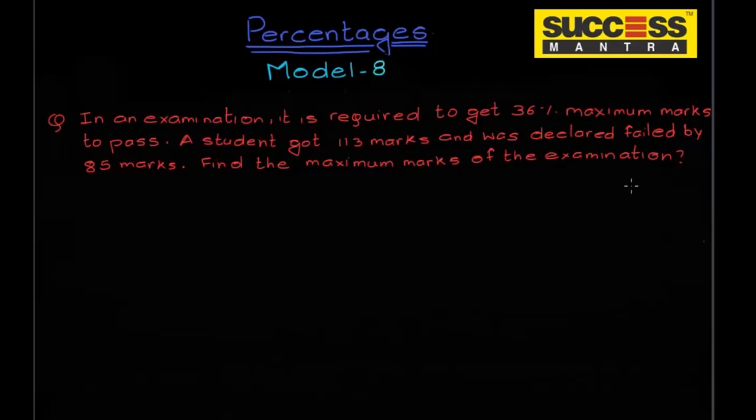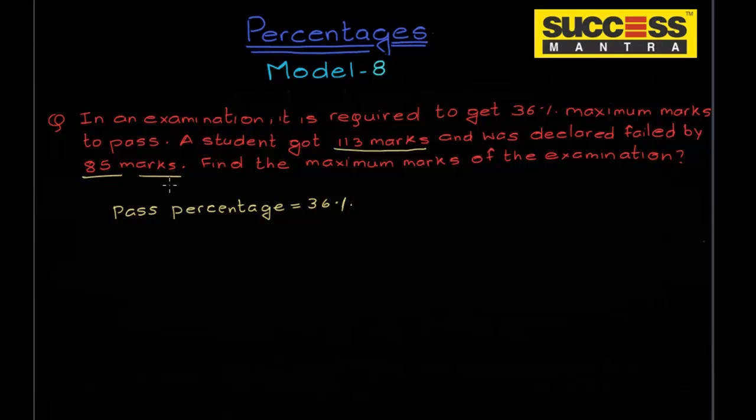Now here we have to find the maximum marks, that is nothing but 100% marks that is required in the examination. As we know, the passing percentage is equal to 36, so we can write it as pass percentage equals 36%. Here it is mentioned that the student got 113 marks and was declared failed by 85 marks.